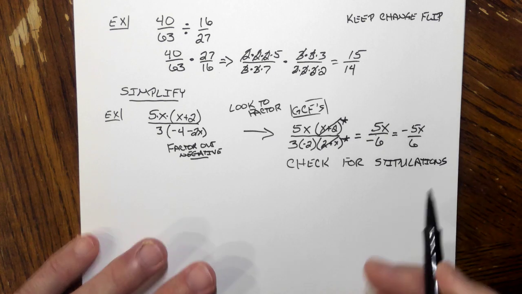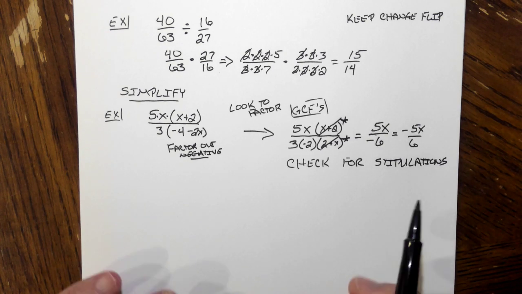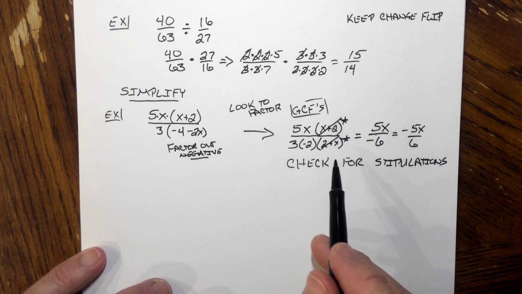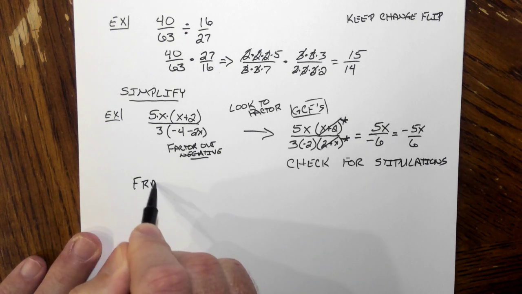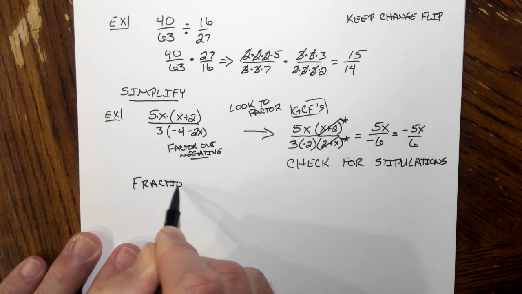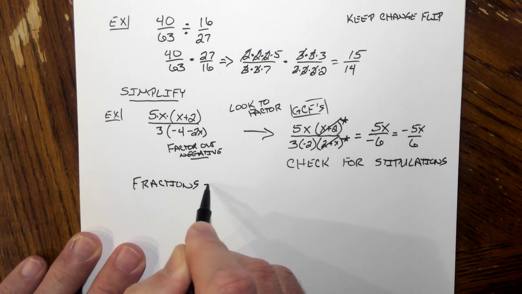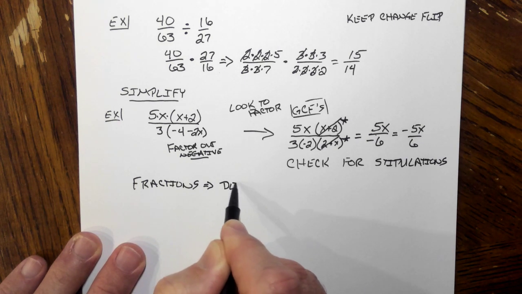And we talked about this, it seems like a while ago. We're talking fractions here. Fractions can never have a denominator that's 0.